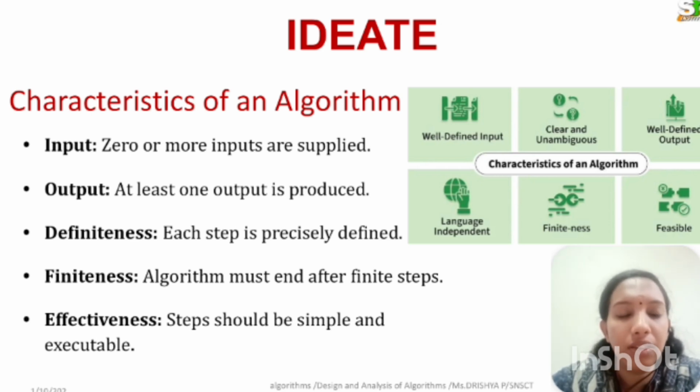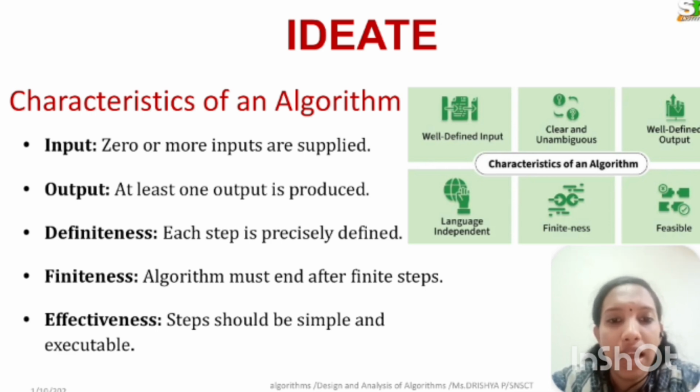After completing the processing of inputs, we get an output. At least one output is produced, and it may or may not be more than one. Then finiteness: the algorithm must end after finite steps. Then effectiveness: steps should be simple and executable.